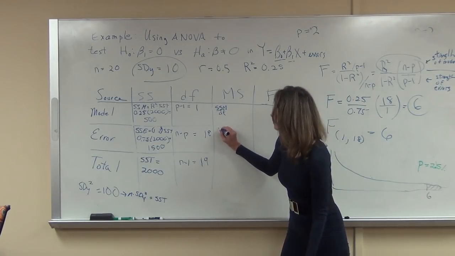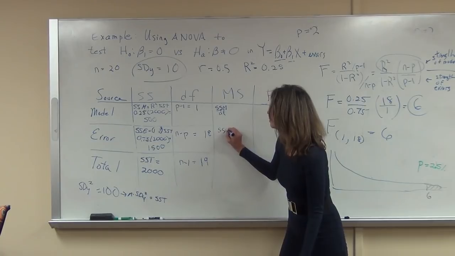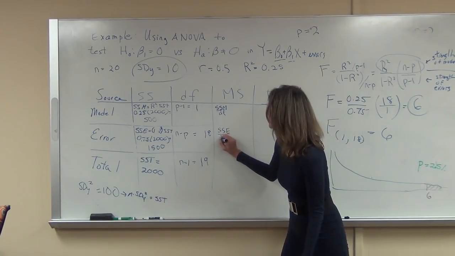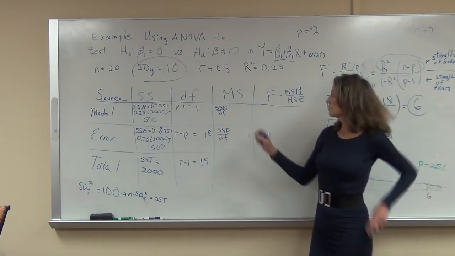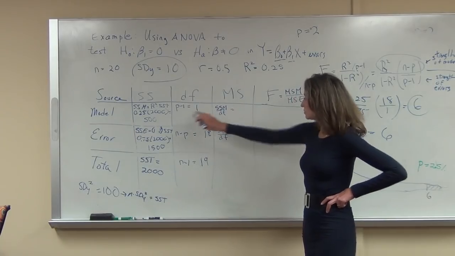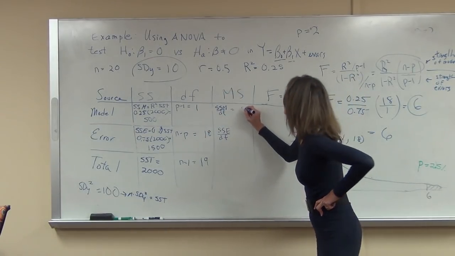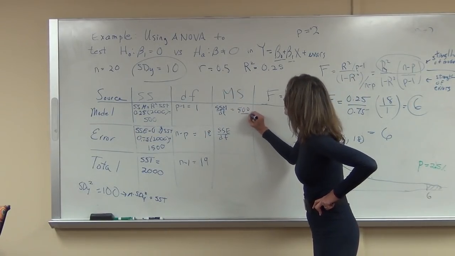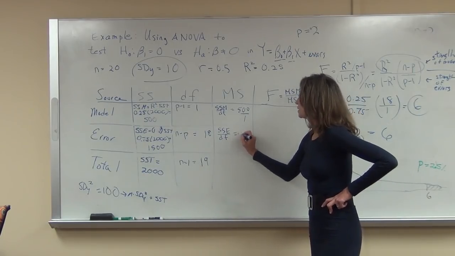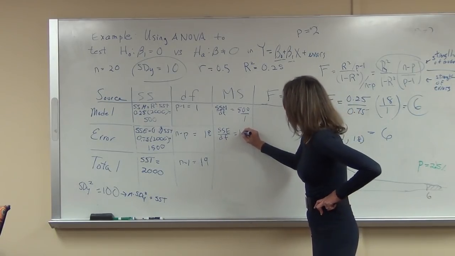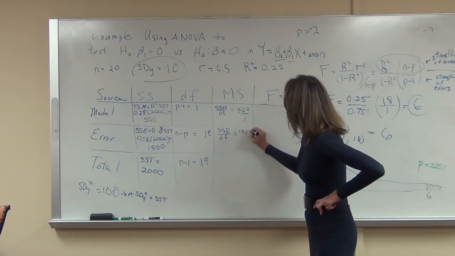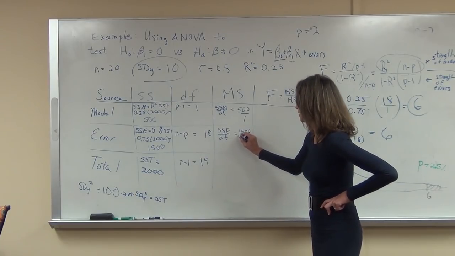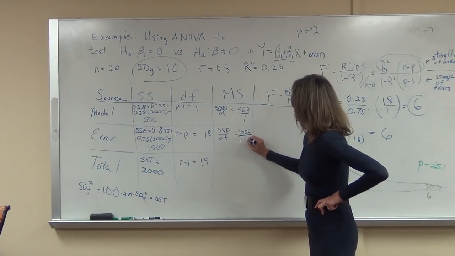And the mean square for the error is the sum of squares error divided by the degrees of freedom here. So what's this one? This one's just 500 divided by 1. And what's this one? This is 1,500 divided by 18.